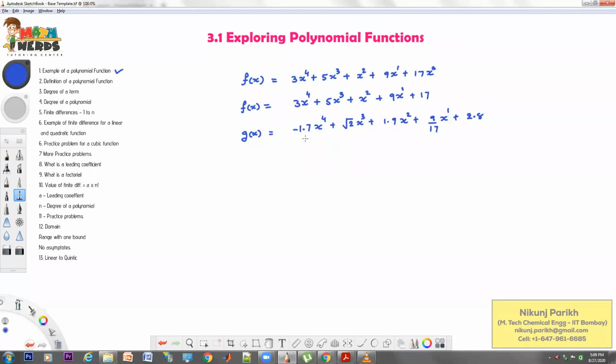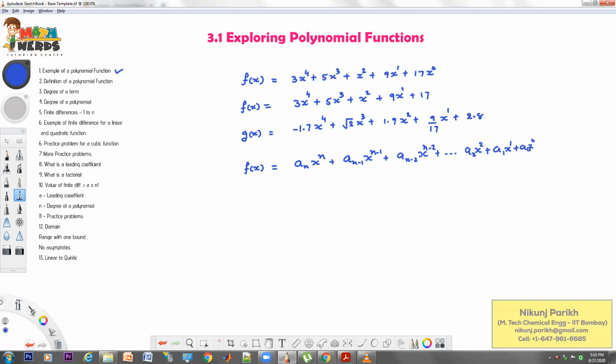So based on this information, I can make a generic polynomial function as f(x) equals a_n x raised to n plus a_(n-1) x raised to n minus 1 plus a_(n-2) x raised to n minus 2 plus a_2 x squared plus a_1 x raised to 1 plus a_0 x raised to 0.